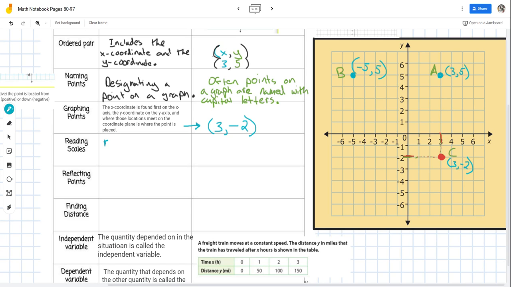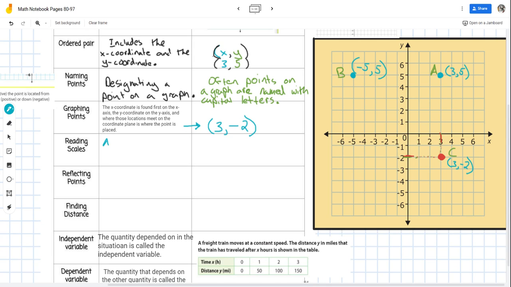All right, sorry for that little pause there, but going back to reading scales, the definition from the book is just hard to explain. The definition from the internet actually is this: a scale is a set of numbers that help to measure or quantify objects. So a scale on a graph shows the way the numbers or pictures are used in the data. So I'm going to put that here for the definition.